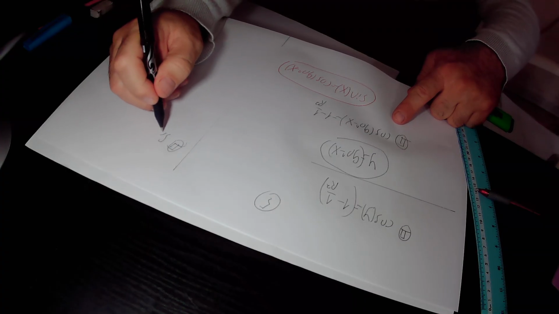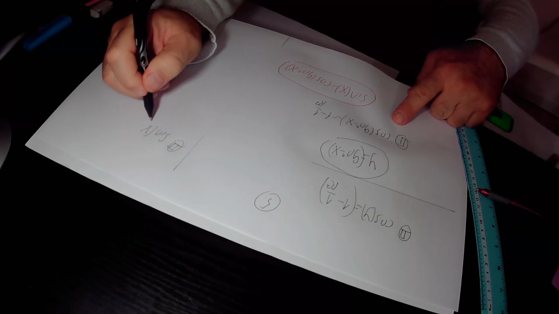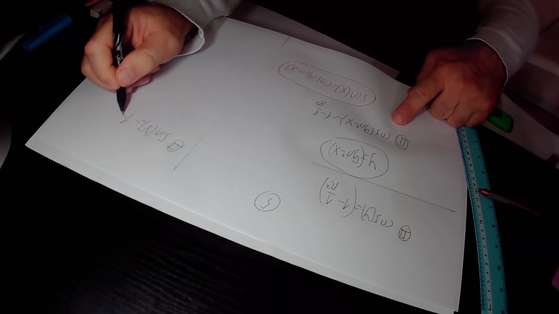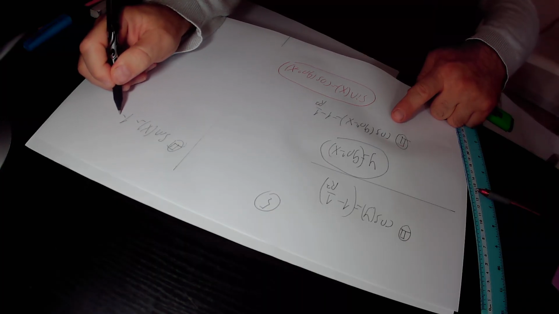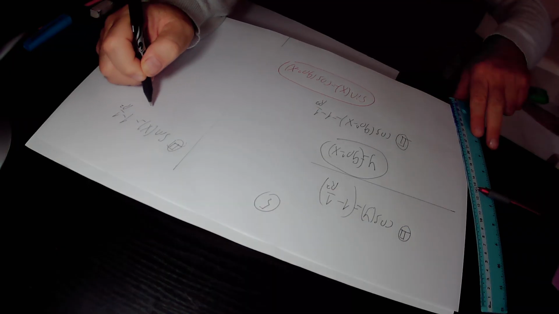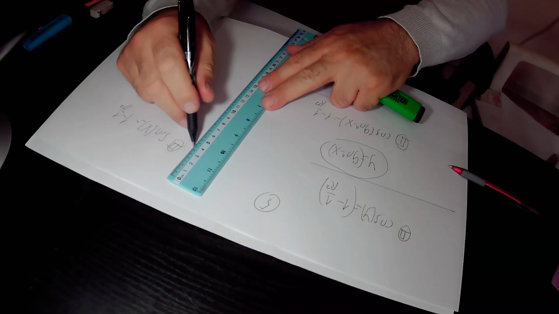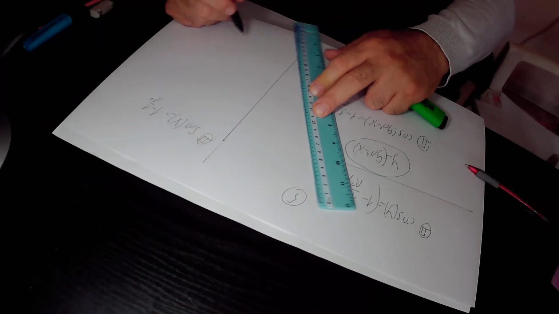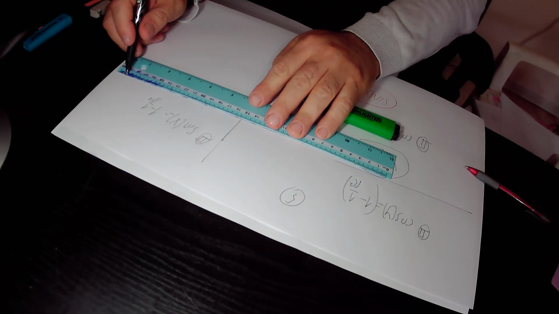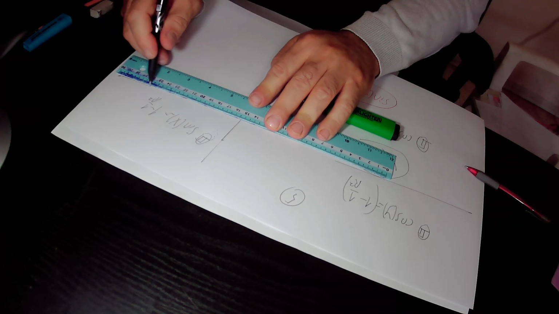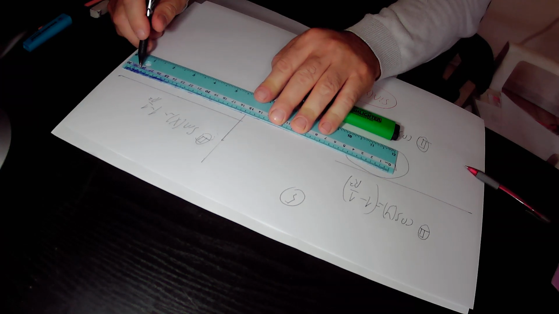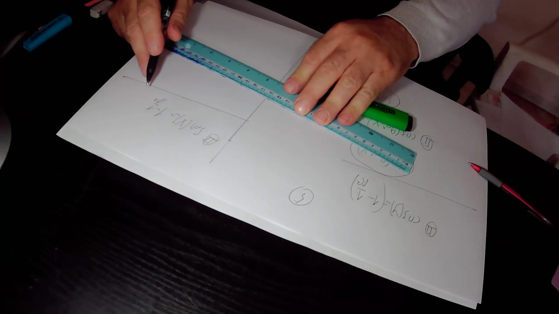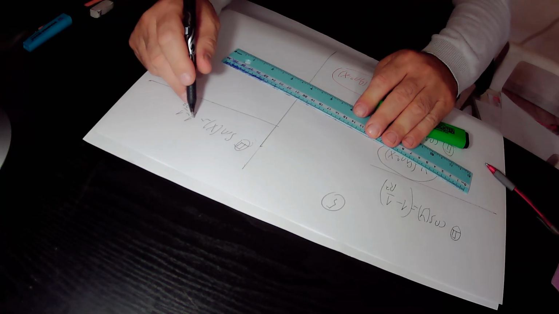So sine x equals 1 minus 1 over r squared. And again, we found out that according to equation 2, sine x equals 1 minus 1 over r squared.